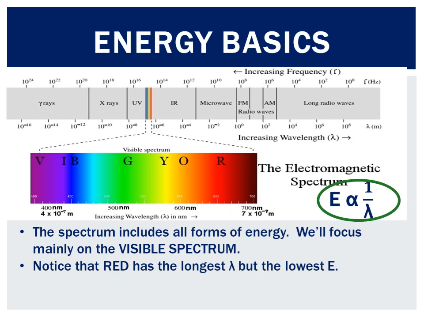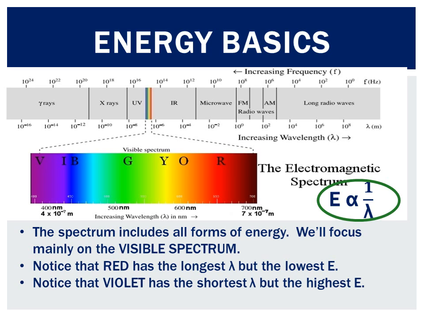So red has the longest wavelength, but if I plug this into my proportionality, it has the lowest energy. And on the other end of the spectrum, violet has the smaller wavelength. So if I plug it into my proportionality, the highest energy. So red is lower energy than violet.